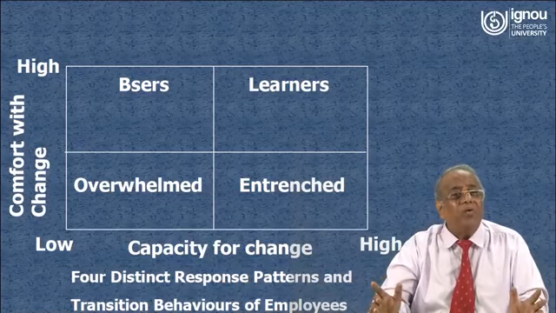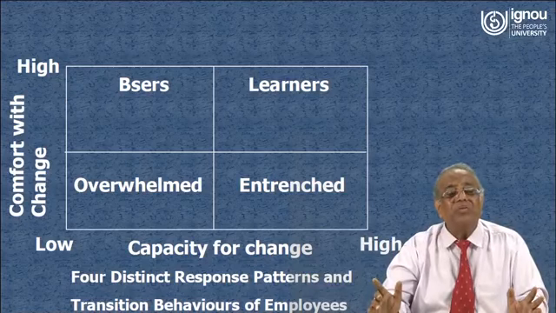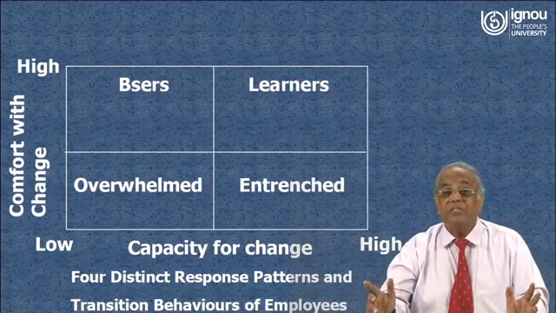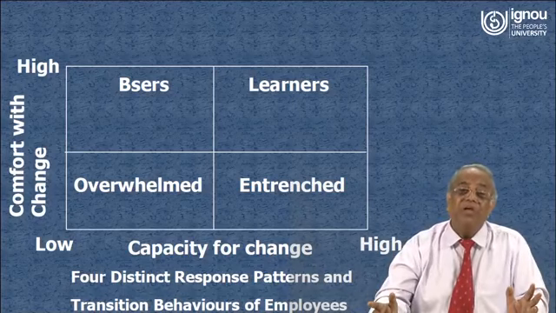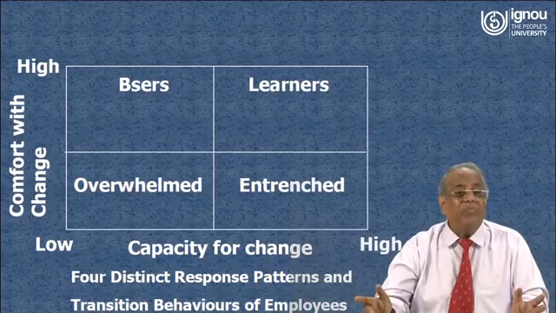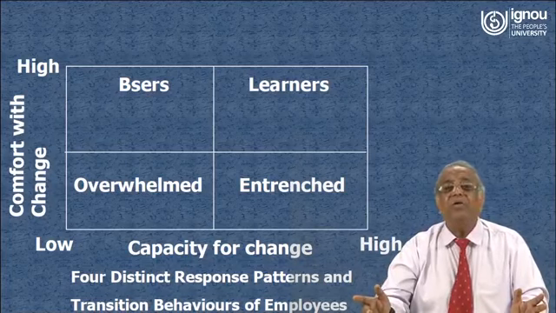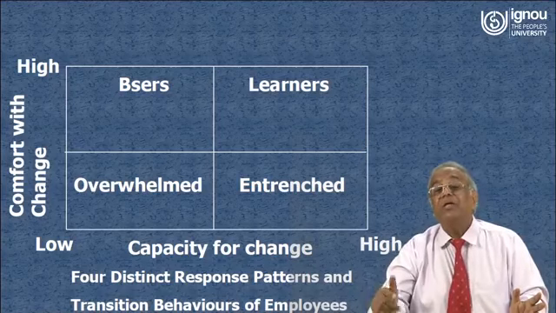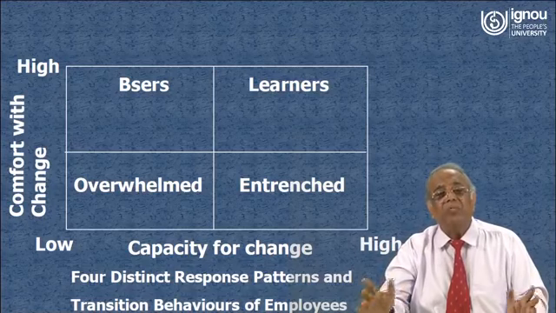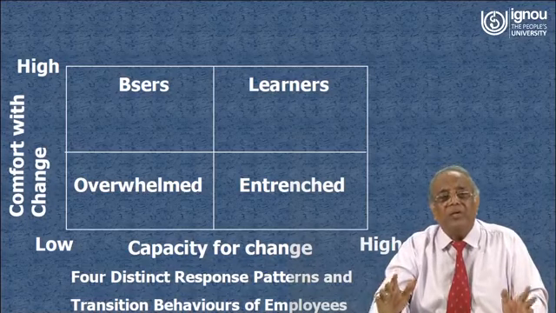They will not take part in the changing process because there is uncertainty and fear, but definitely management can take corrective action so that they also take part. We will come to that discussion later, but let us see the diagram.